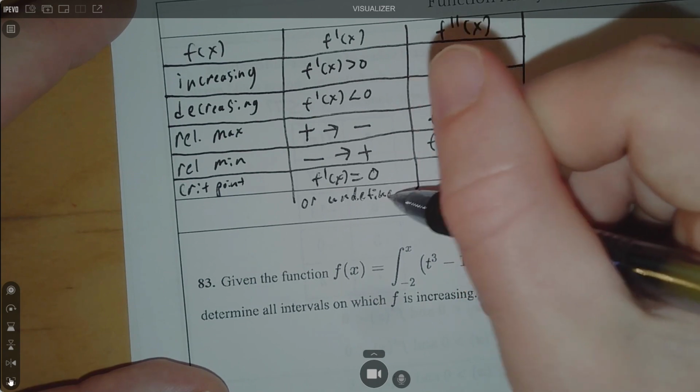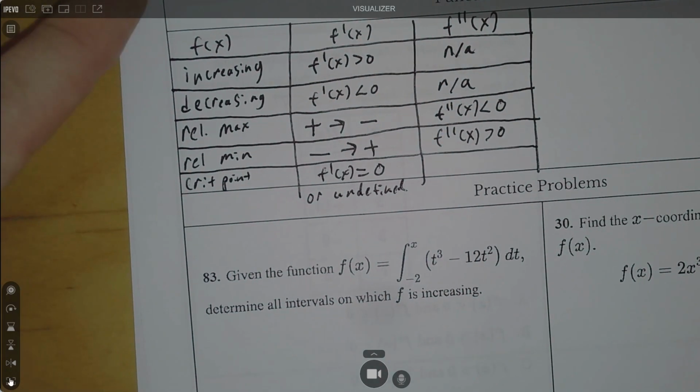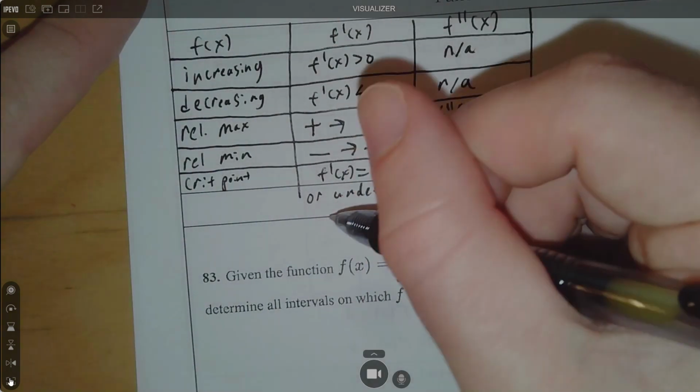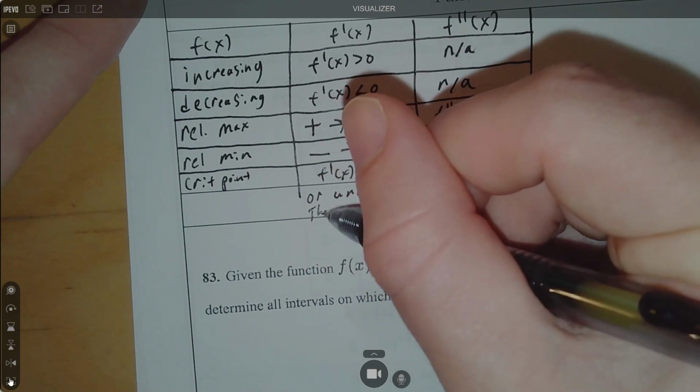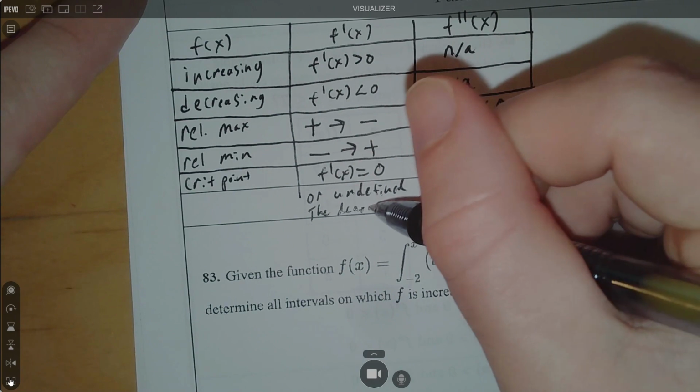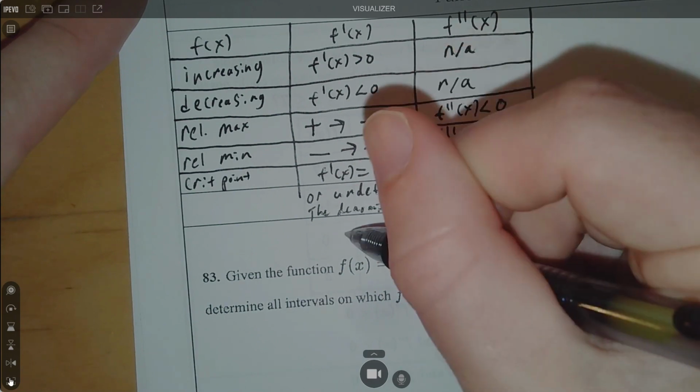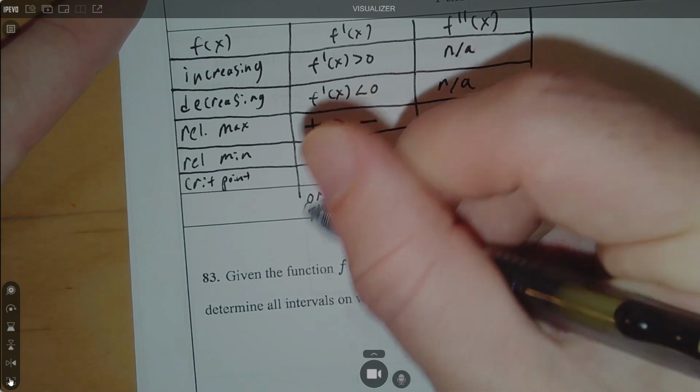What that means is that it would be a 0 in the denominator. If you had a 0 in the denominator, that would be undefined. I'm going to add that: the denominator is 0.